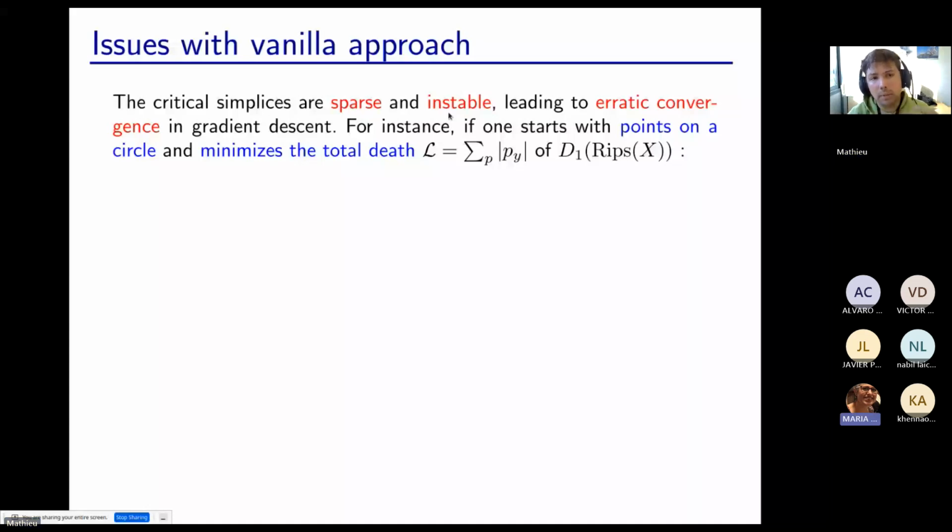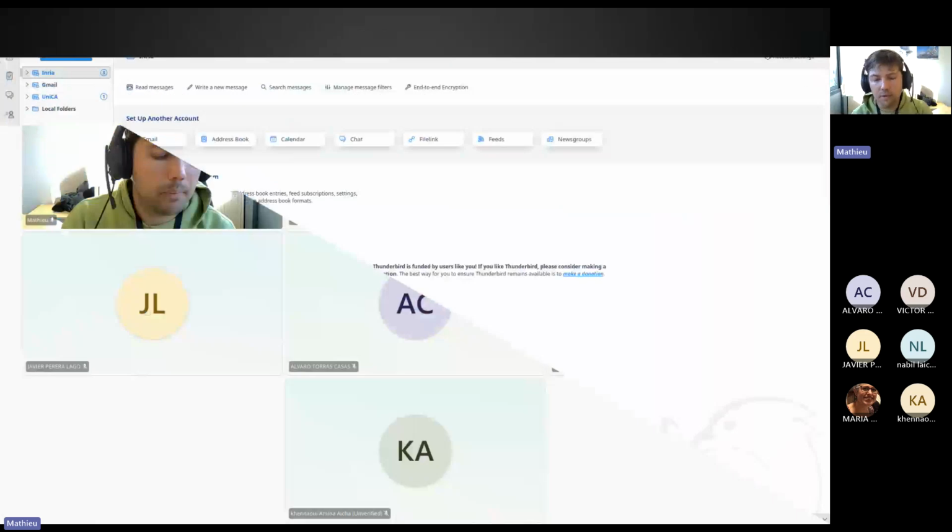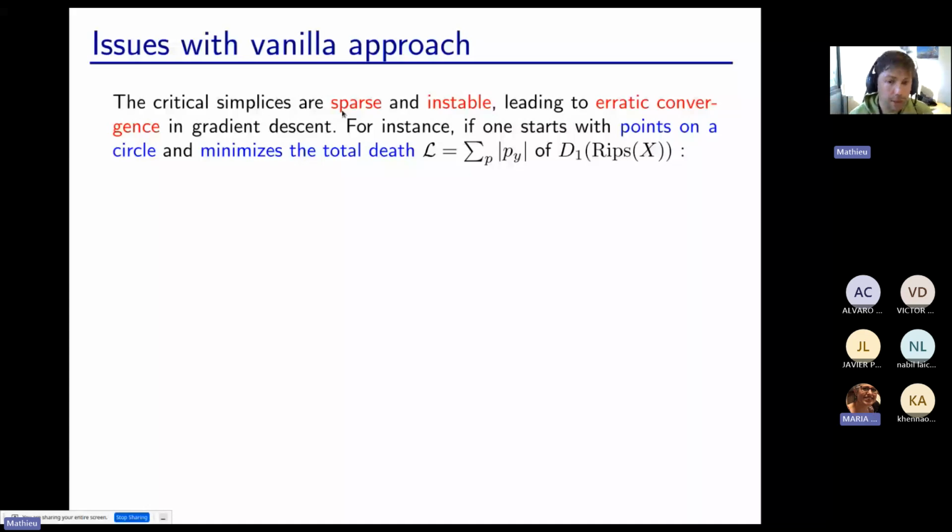By sparse I mean that for one given point in the persistence diagram you have two critical simplices. In the case of the Rips filtration, this means that you will update at most 4 different points: the 2 points achieving the distance in the positive critical simplex and the 2 points achieving the distance in the negative simplex.